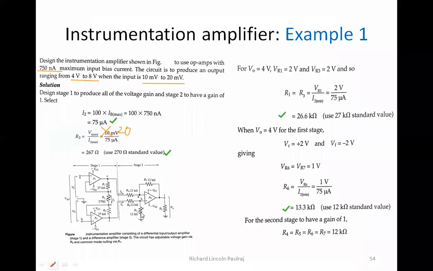If you have to rig up an instrumentation amplifier on your breadboard, or if you have to simulate it, you can find that calculating these values individually will let you take equivalent resistances. Like for example, here I have 26.6, I'll be taking 27.